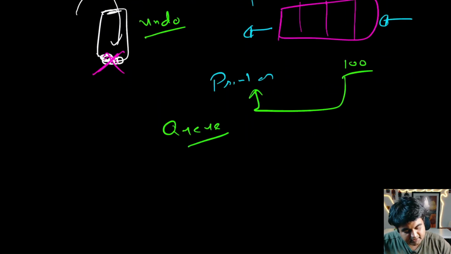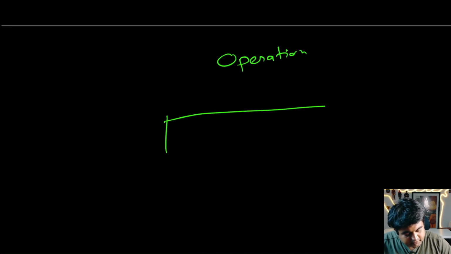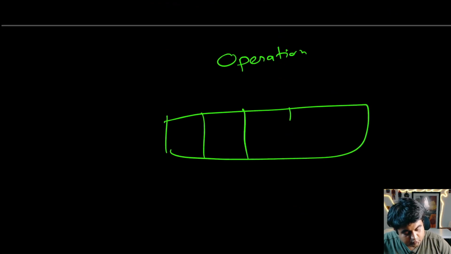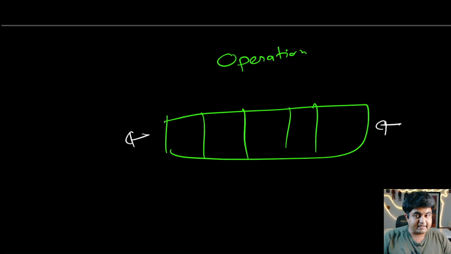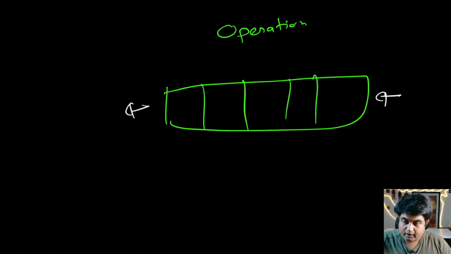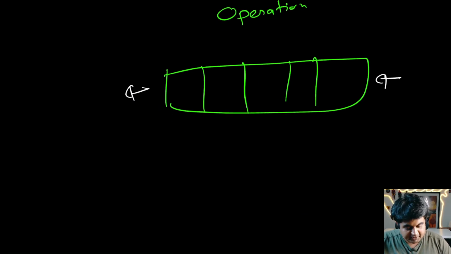So let's try to understand what all the different operations you can perform on any given queue are. Now, I already told you that a queue typically operates on two different ends, where we have one end where the stuff enters and one end where the stuff gets out. So let's try to understand what the different operations we can typically perform are. The first operation is enqueue.